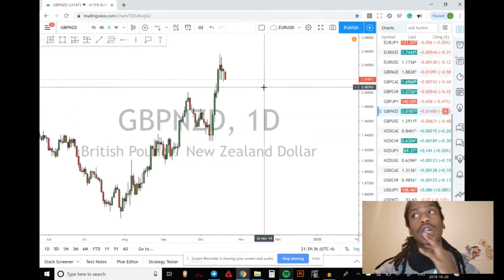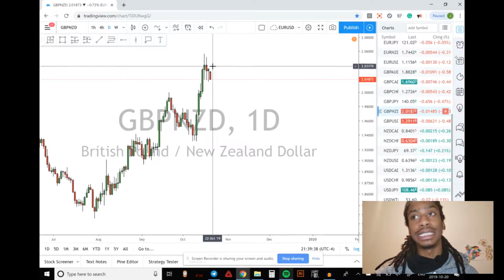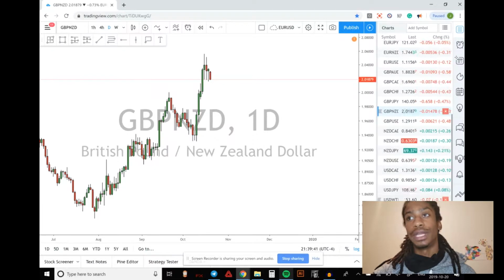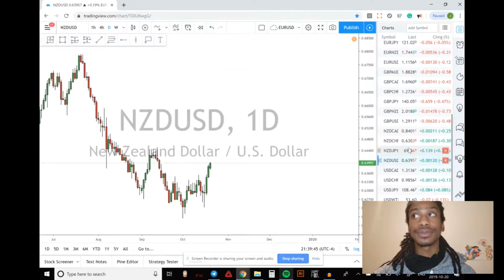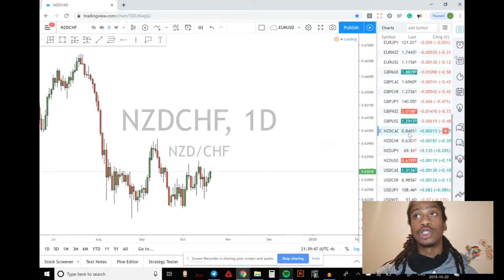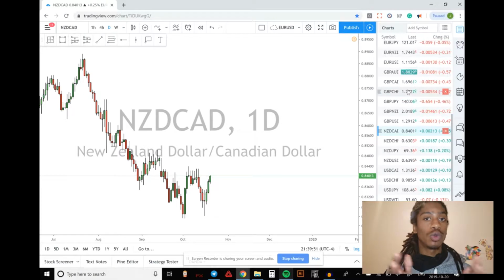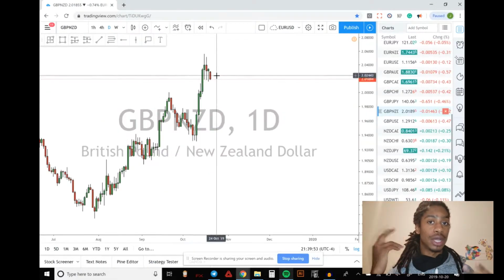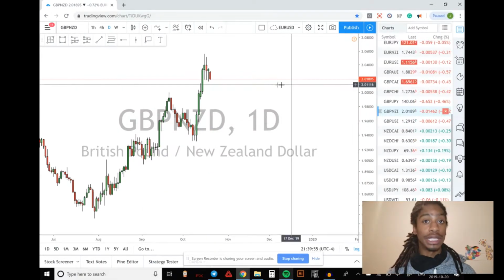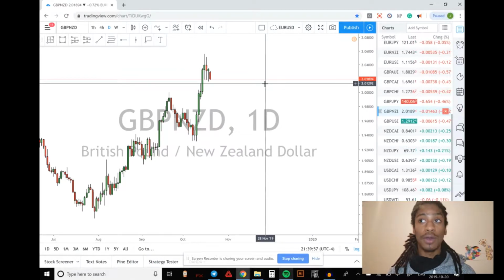So we're just gonna hop straight onto the New Zealand pairs and see its strength, right? Evident enough. The New Zealand is getting strong right now, potentially a lot stronger than the pound. So if the pound keeps its strength and continues rising up, along with the New Zealand increasing in strength right now, this pound pair will just consolidate, because that's how two evenly matched currencies represent themselves.